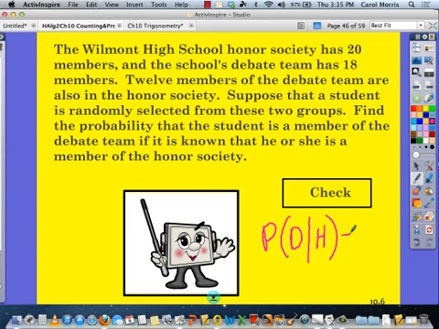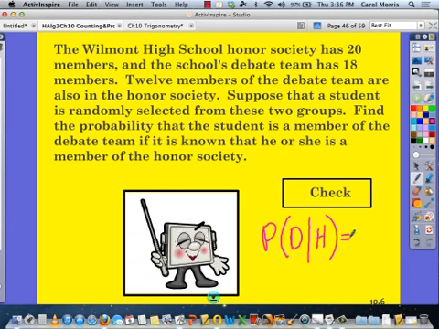So if it's a small combination you can count it up, or you can do the math with the formula that we had on the previous page, but I think if you read carefully on this one, you have been told that 12 members of the debate team are also in the Honor Society, and the Honor Society has 20 members.